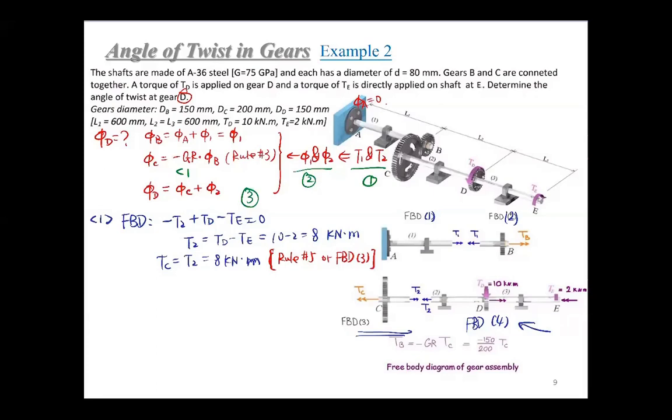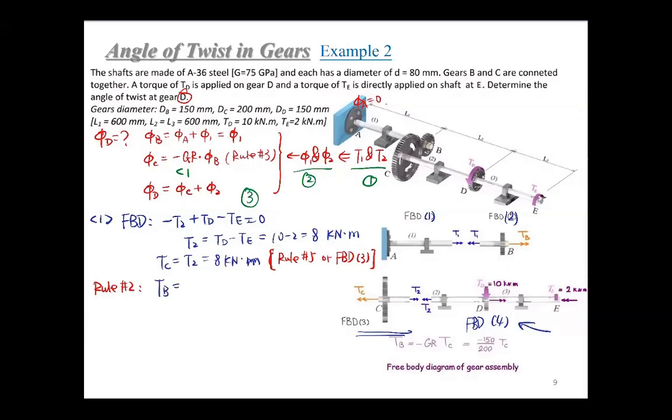Then from TC to TB, you have a gear ratio here, right? You will use rule number 2. We're calculating TB from TC.